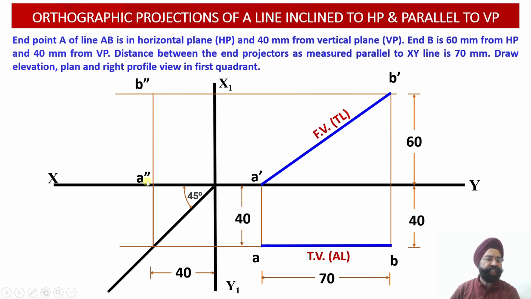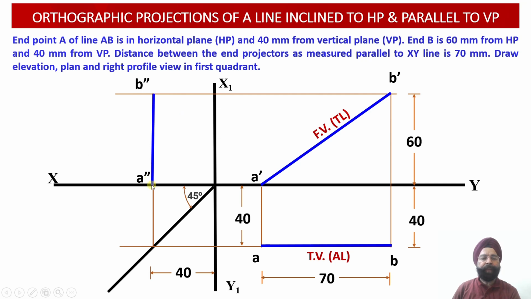So A double dash has been obtained, B double dash has been obtained. Now if we check the coordinate location of B double dash, it is lying at a height of 60 millimeter above the horizontal plane and 40 millimeter in front of the vertical plane. So this way we have been able to obtain both of these points, A double dash and B double dash.